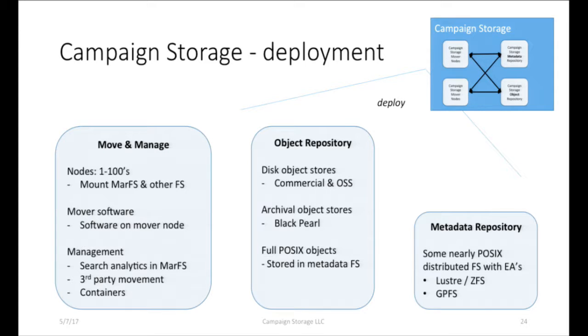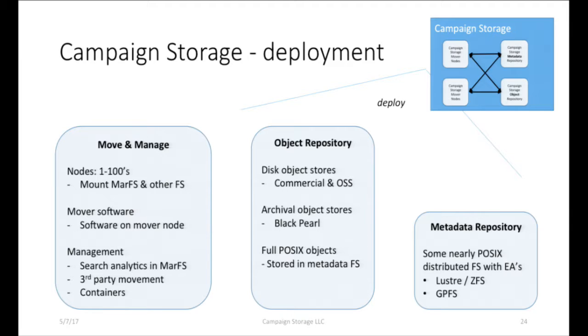The picture on the right summary expands when you look at what is running on a cluster. So let's start in the middle. There might be 3 different kinds of object repositories. There might be a disk object store, possibly the most likely one. This could be a commercial one or an open source one.